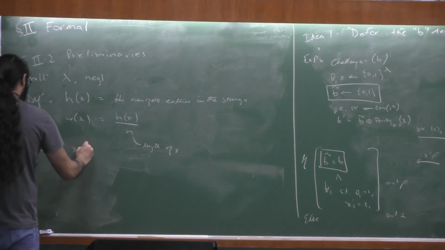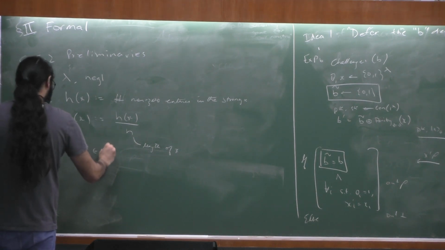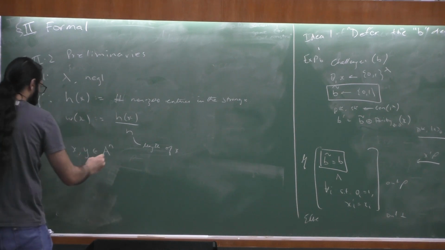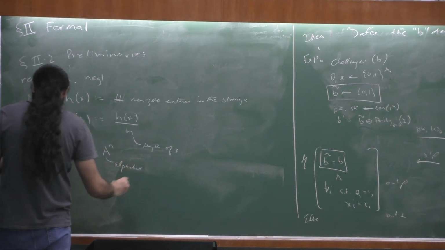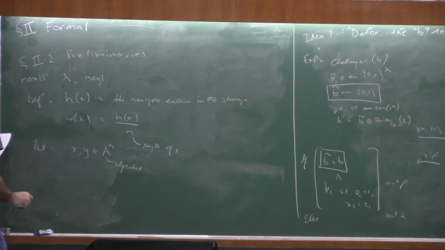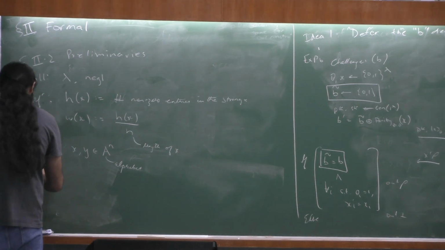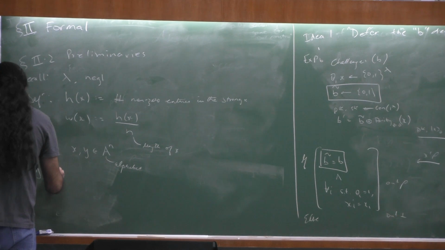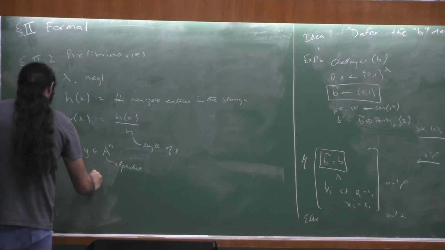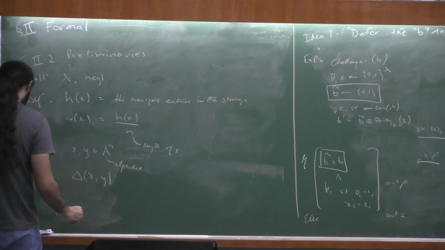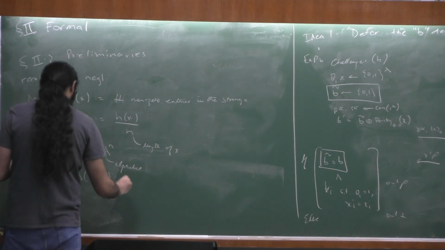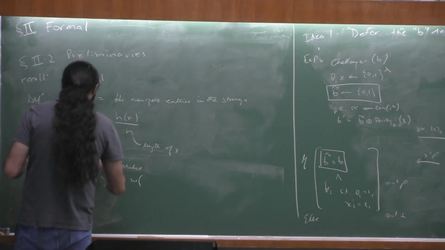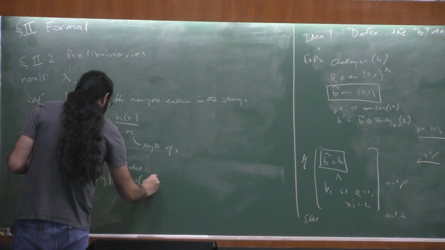So now you have x and y. This is an alphabet. I don't know why they're using a general alphabet, but okay. Then we'll define the distance between x and y as the relative weight of x XOR y.